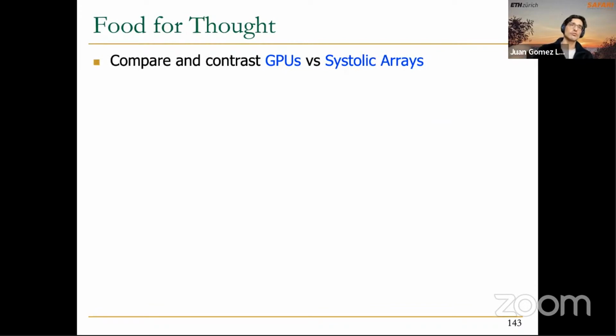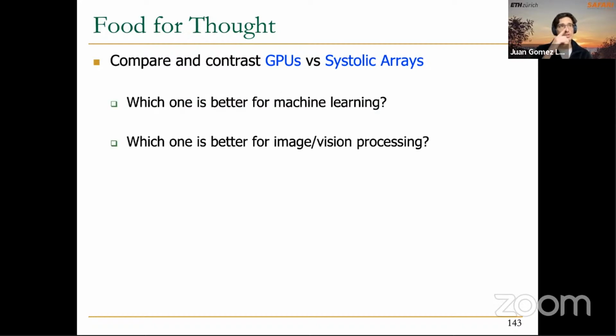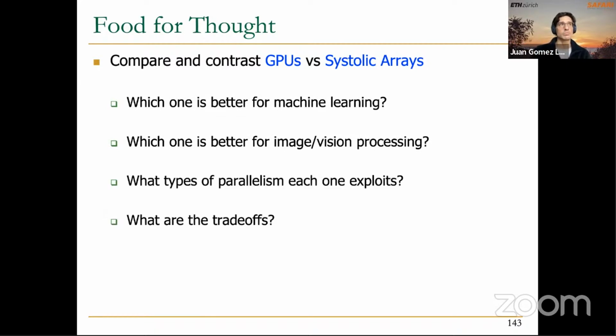So this is almost everything for today. Just a little bit of food for thought, and then I hope I can take some more questions. You can compare and contrast GPUs and systolic arrays by yourself: the difference between a SIMD machine and a MISD machine like the systolic array. You can think about what is better for the different workloads you may have in mind, for machine learning, for image and vision processing, and think about the types of parallelism that each one exploits.